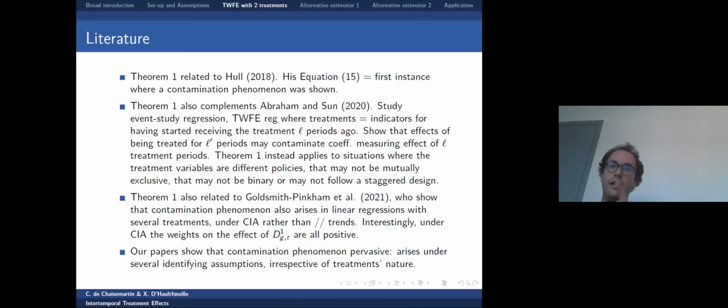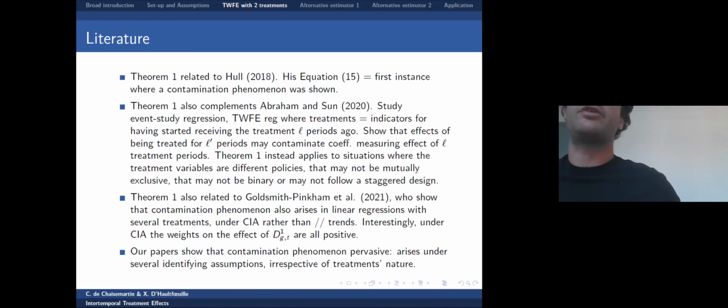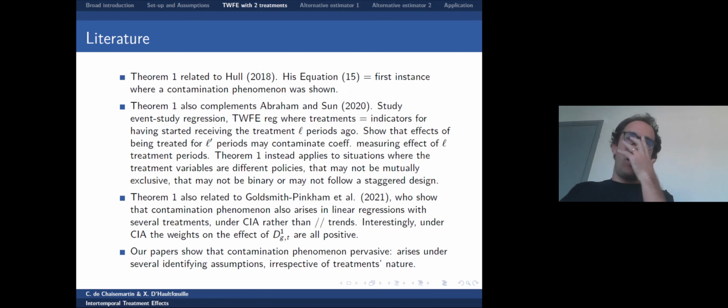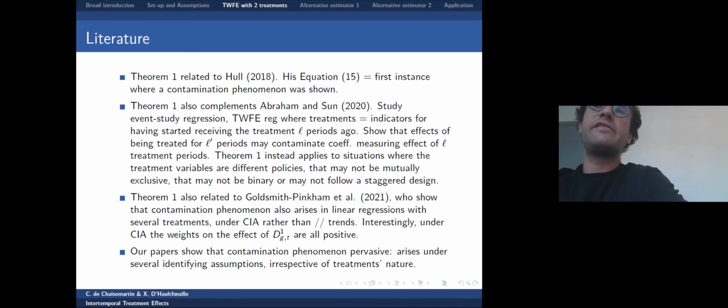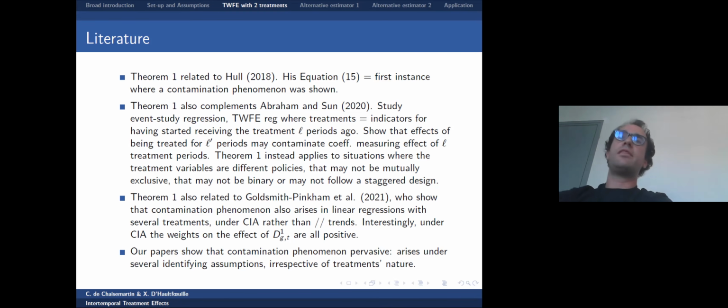Okay, so how does that fit in the literature, this theorem 1 that we've just seen? Lechner 2018 has a paper about movers design, and there he has one equation that's not a decomposition result as I have in theorem 1, but which is, to my knowledge, the first instance where a contamination phenomenon was shown.